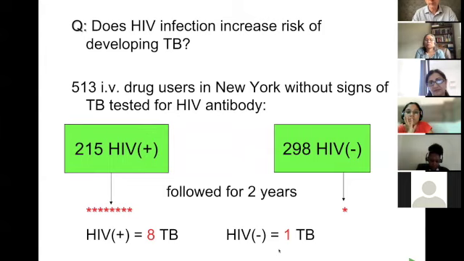And after this time, you saw there was a clear difference between the TB cases, a higher number of TB cases in the HIV positive than in the HIV negative. So this very simple study design indicates HIV seems to be a risk factor for developing TB. Okay. Very simple, very easy.